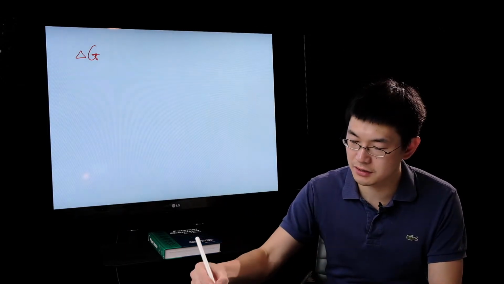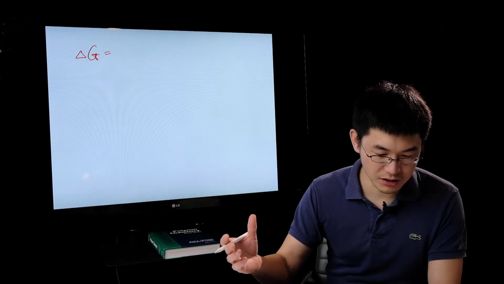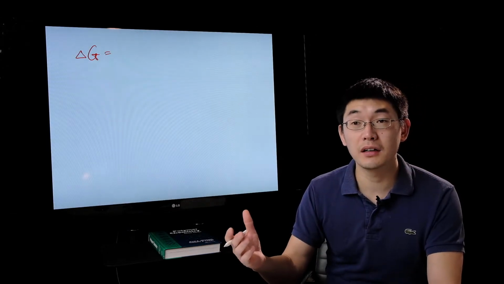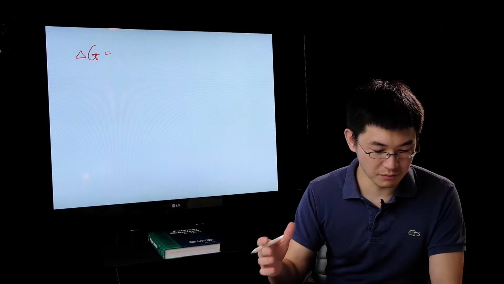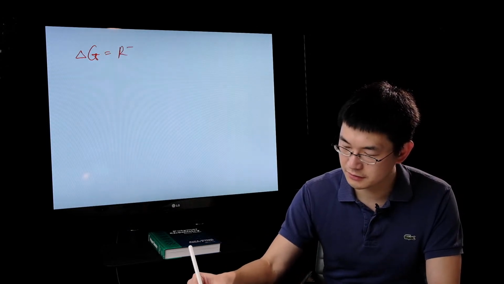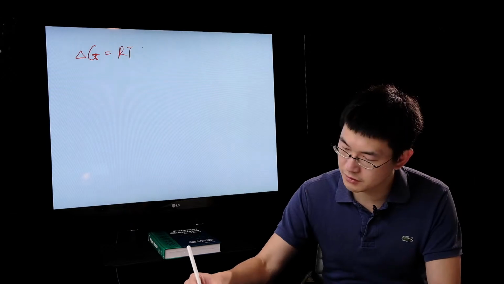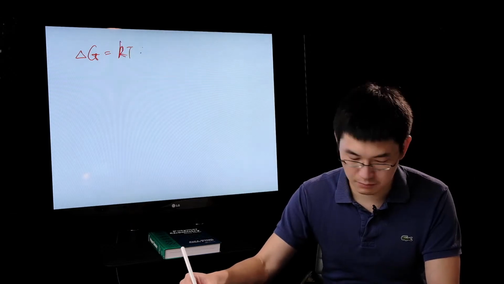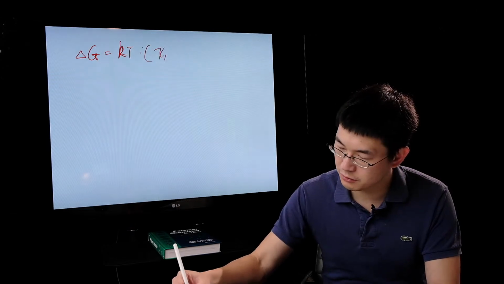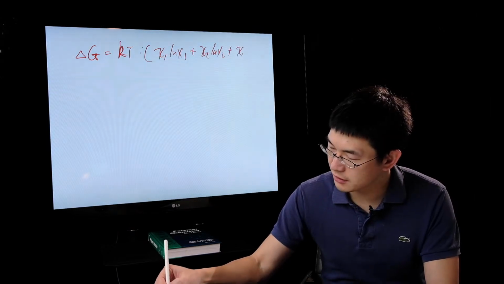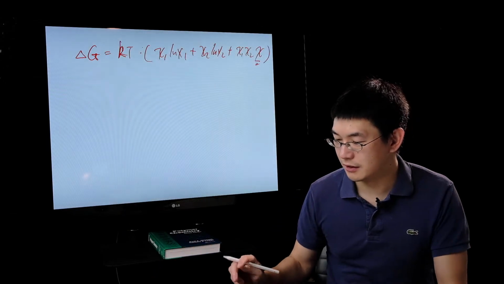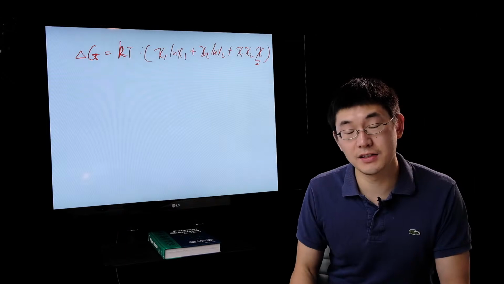No matter how great the enthalpy change or how great the entropy change, they need to be considered together to get delta G. For whatever molecular system you talk about, using kT, delta G is kT times x1 log x1 plus x2 log x2 plus x1 x2 chi. Very simple and elegant for the lattice theory, right?